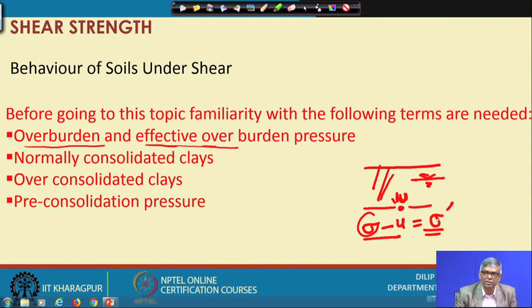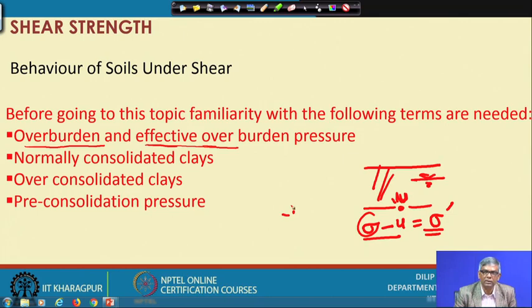Normally consolidated means that at a particular point, the present effective overburden pressure is the maximum in its history, that is, the point has never been subjected to a higher pressure than the present effective overburden pressure. Once again, if the soil at this point has never been subjected to higher pressure than the present effective overburden pressure, it is normally consolidated.